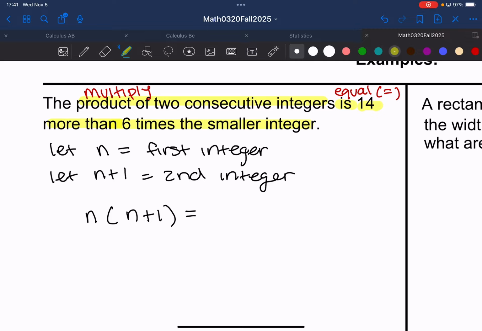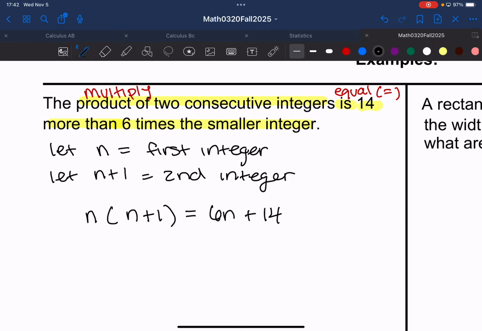So I'm going to ignore the 14 more than, and I'm going to look at 6 times the smallest integer. In this case, what variable is representing the smallest integer? N. So how would I write 6 times n? 6n. And then I'm going to go back to where it says 14 more than, which means what am I going to add after the 6n? Plus 14.